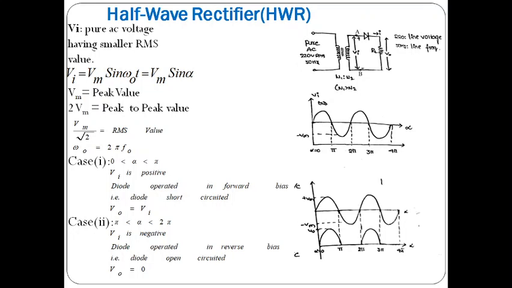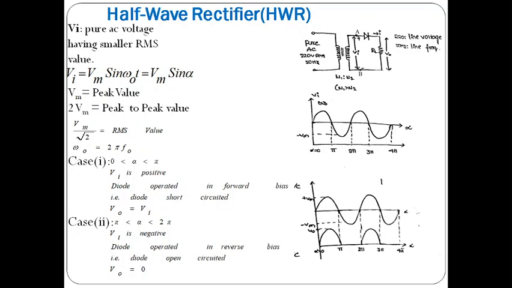So to obtain the desired DC voltage across the load, the AC voltage is applied to a rectifier circuit by using our step-down transformer. In this step-down transformer, the secondary winding turns are very small compared to the primary winding.